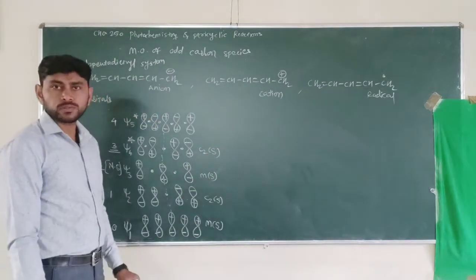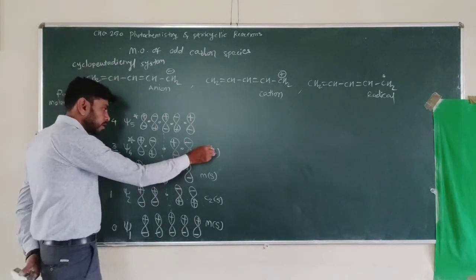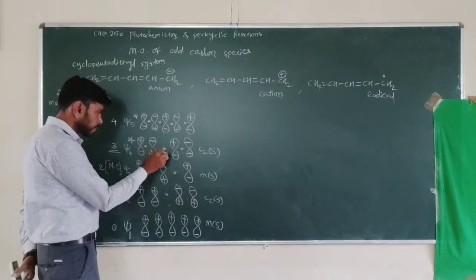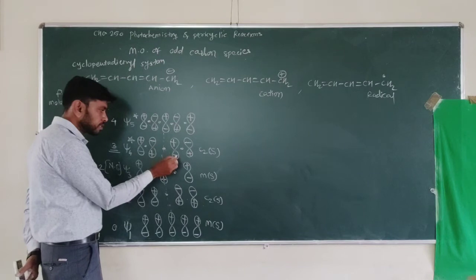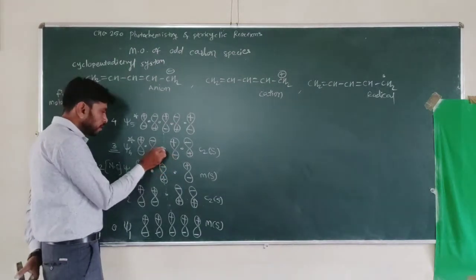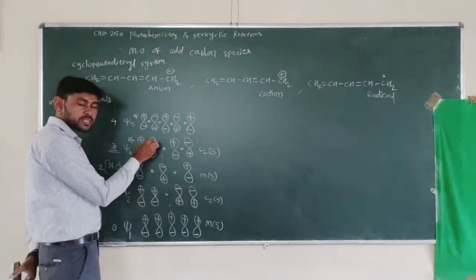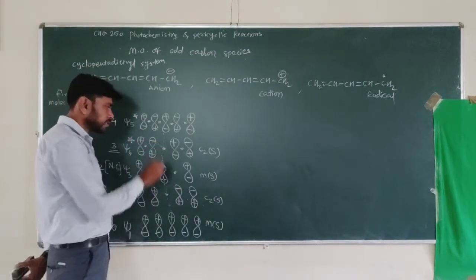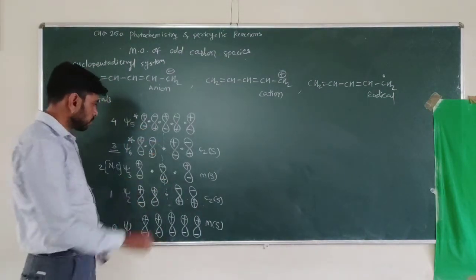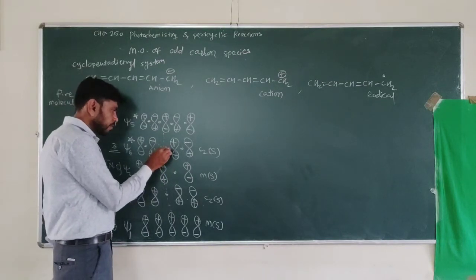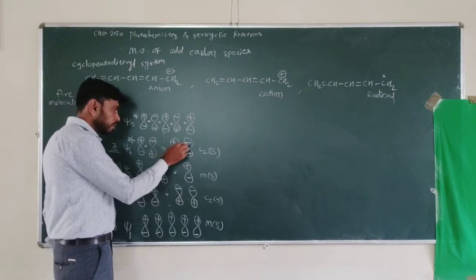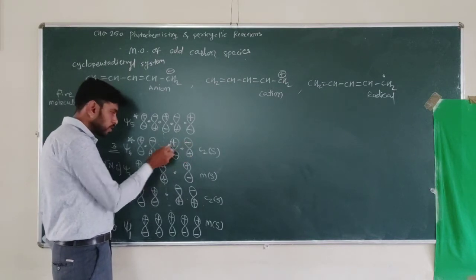Another format to find out C2 symmetry is that from the center you go some distance and you will find a negative sign, again go the same distance but in the opposite direction, and you will find a negative charge here. This rule is applicable for any orbital. So from the center, you pass some distance, you get a negative charge.